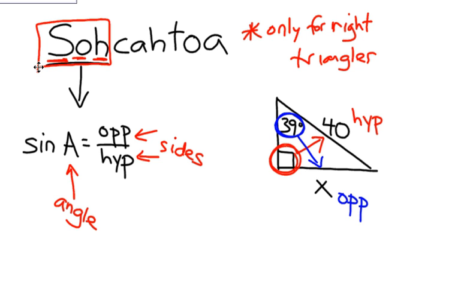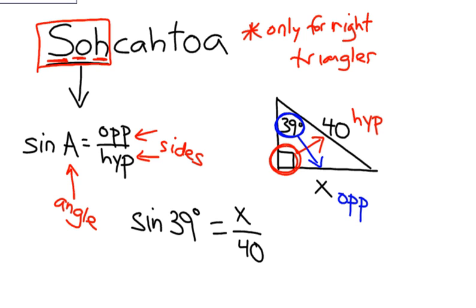Now we go ahead and we fill in our formula. The formula says that we do sine of the angle, and then we fill in the sides. The opposite side, which is x, goes on the top. The hypotenuse, which is 40, goes on the bottom. You've got to put stuff in the right spot or it's not going to work out.